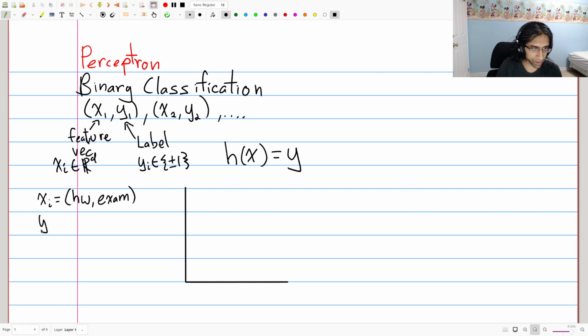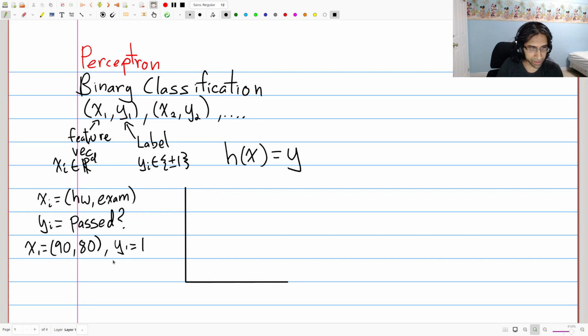And what the label will be is whether the person passed the class or not. So now here, let's just see some example points. For example, let's say x1 is equal to 90 on the homeworks, 80 on the final exam, and y1 is that they passed.